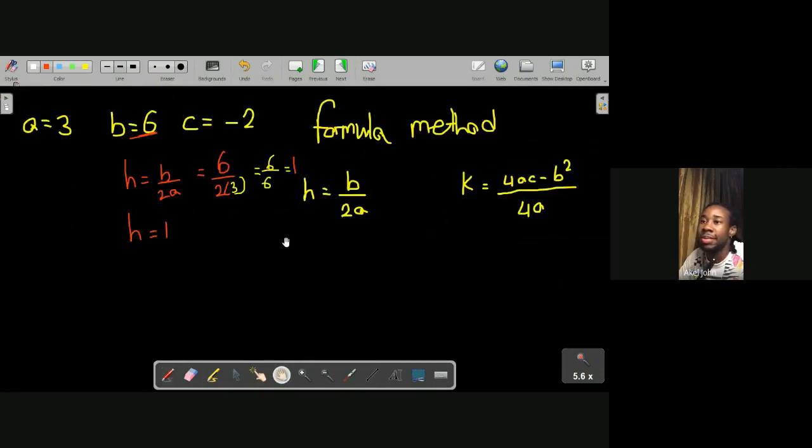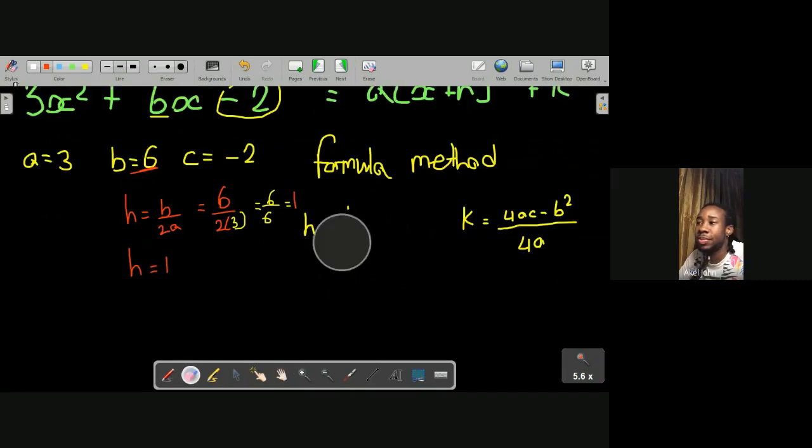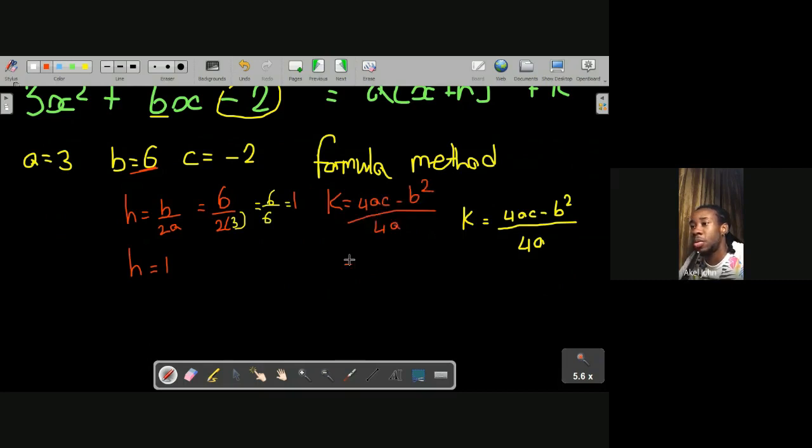What about k? Well, k is equal to 4ac minus b squared over 4a, where a is 3, c is -2, minus b squared. And what is b? b is 6.